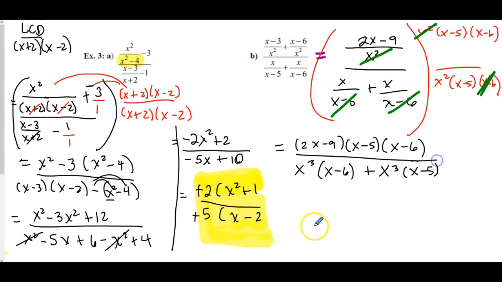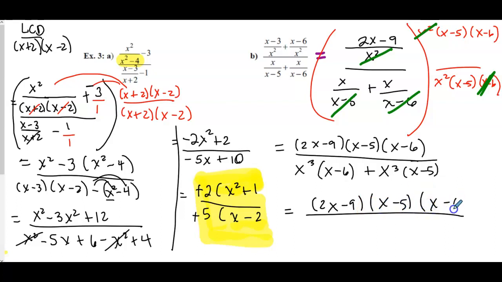From here, we can multiply out the whole numerator but I'm okay if you just want to leave it in factored form. So I'm just going to leave it. In the bottom, if you want to factor out the x cubed, you can. And so when you factor out the x cubed, you're going to be left with x subtract 6 plus x subtract 5.